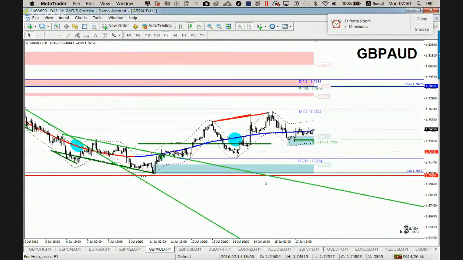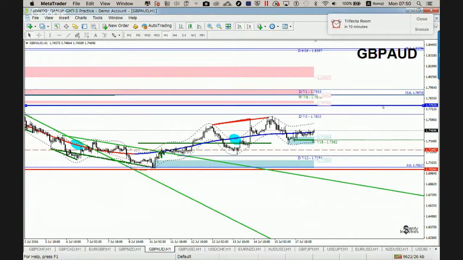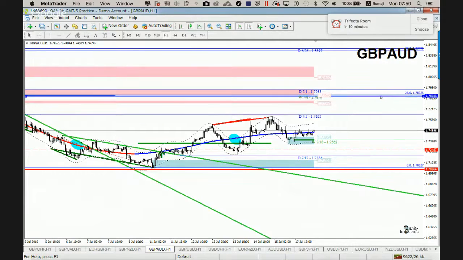Pound Aussie, again, it had a Class B signal in the opposite direction, sell bubble, but it's trending slightly in the direction of our trade. We want to get to the first target at this weekly pivot here from two weeks ago. And I'm anticipating that breakout and that move in that direction at some point in the near future.